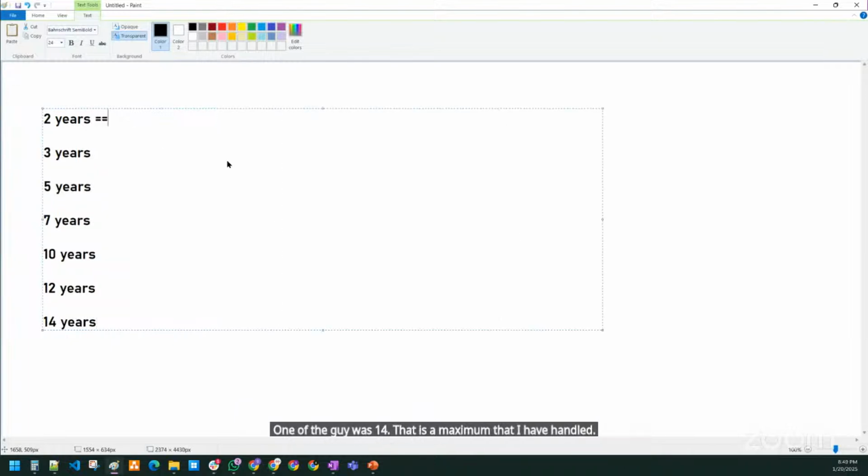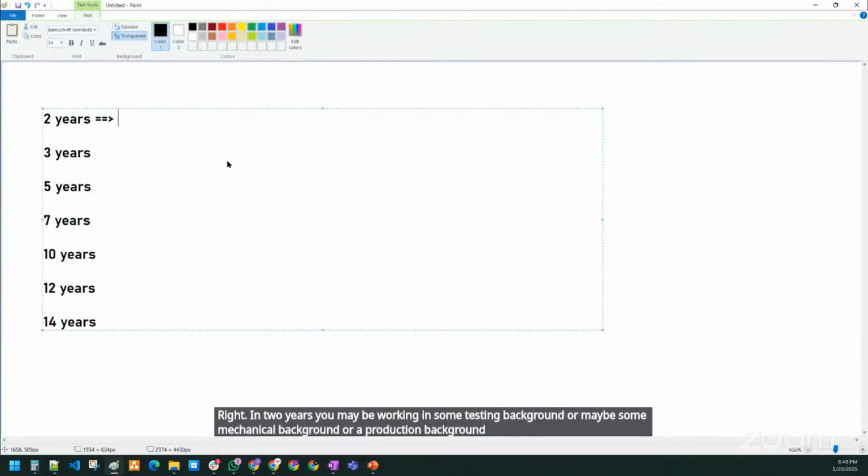So 2 years. What you have to do? So you may be working in some area. Yes or no? Right, sir. In 2 years, you may be working in some testing background, or maybe some mechanical background, or a production background, or you are working in some call center job. Whatever it is, you are working in some company.